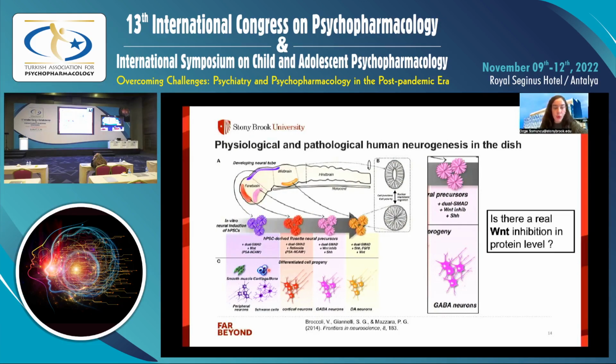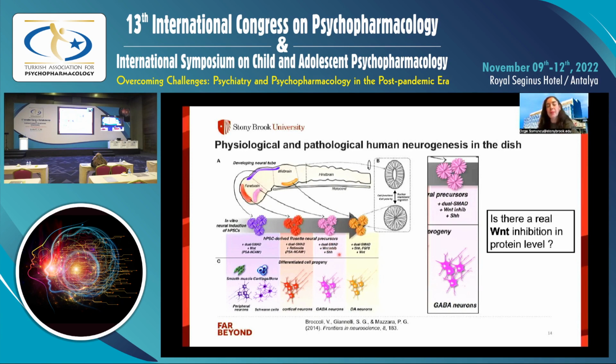First of all, for cells to become smooth muscle, cartilage, Schwann cells, peripheral neurons, etc., they need dual SMAD and Wnt activation. For them to become rosette neural precursors and cortical neurons, they also need the presence of retinoids. Which is very important for us, for them to become GABA neurons, there should be dual SMAD activation and Wnt inhibition.